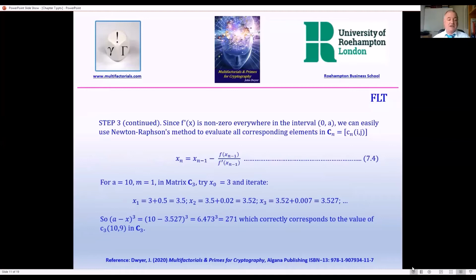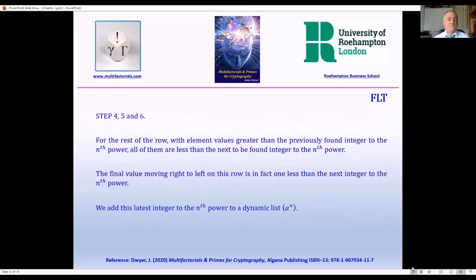Start with an initial guess for the value of x and then iterate. And there's an example with a equal to 10, m equal 1, and n equal to 3, C3. And that correctly gives the element on that particular row and column.